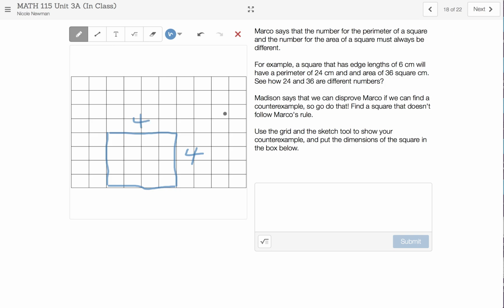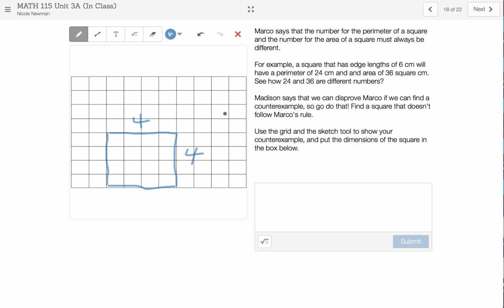If you find the area, you'll use 4 times 4, which will be 16 square units. And when you find the perimeter, it will be 4 plus 4 plus 4 plus 4, which is also 16 units. The numerical portions match, 16 for the area and 16 for the perimeter, but the labels do not.